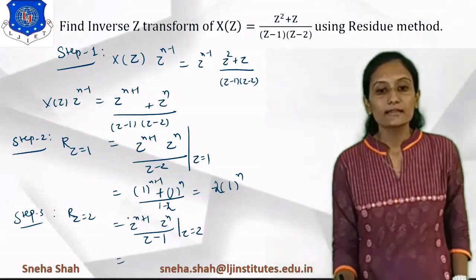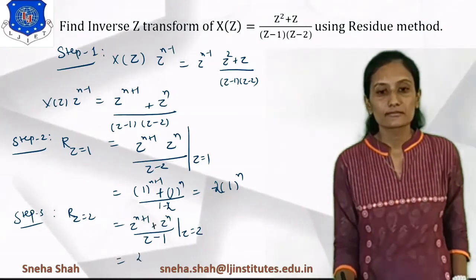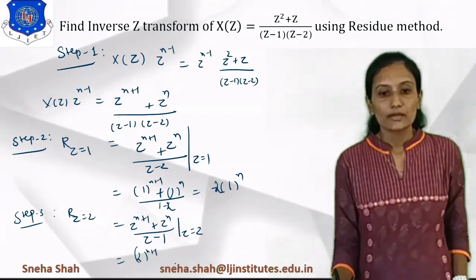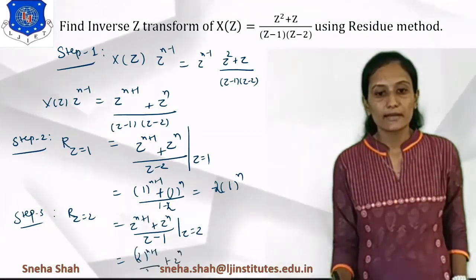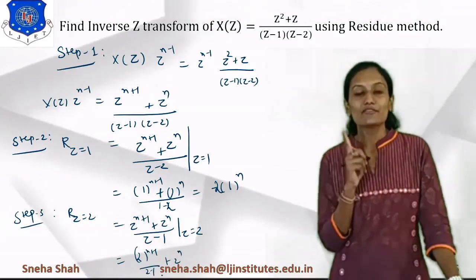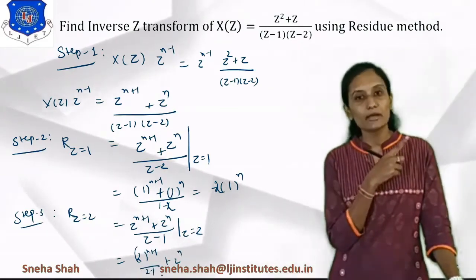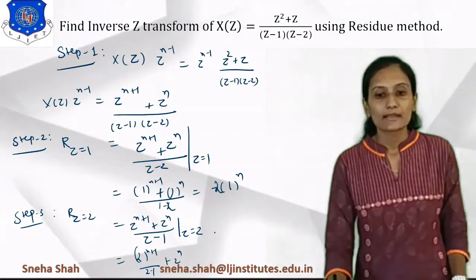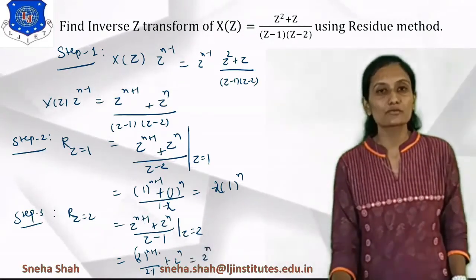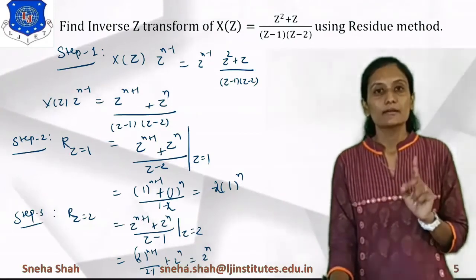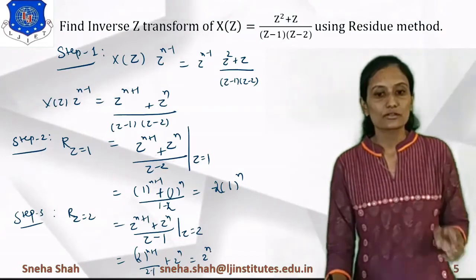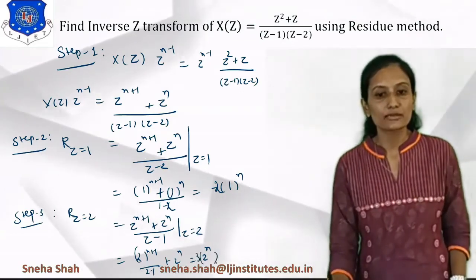So what will be the term? 2 raised to n plus 1 plus 2 raised to n, divided by 2 minus 1. You can see that 2 minus 1 equals 1. And if I take 2 raised to n as a common part, this term will convert like this: 2 raised to n times (2 raised to 1, meaning 2, plus 1, meaning 3) divided by 1. So the overall answer is 3 into 2 raised to n.